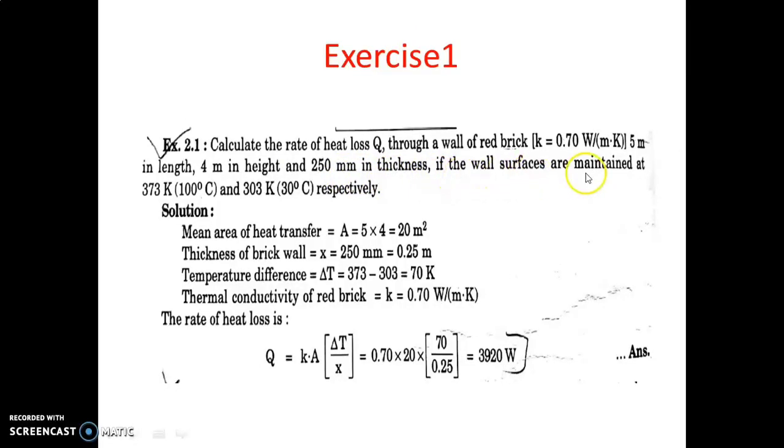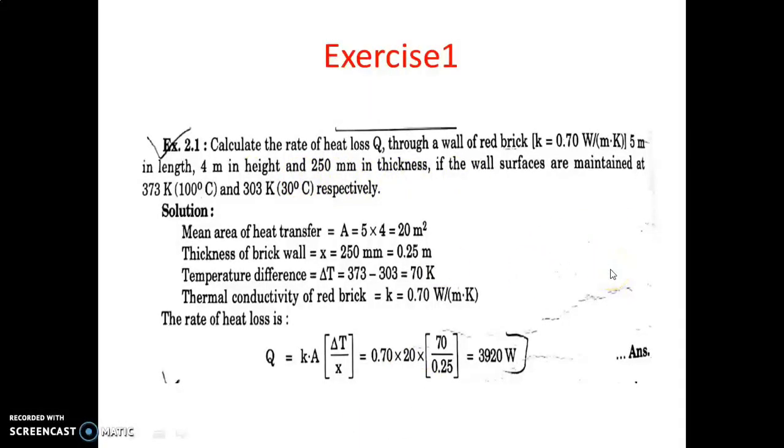If the wall surfaces are maintained at 370 Kelvin and 303 Kelvin respectively, that means we have a red brick with thermal conductivity 0.70 watt per meter Kelvin, and this brick is 5 meter length, 4 meter height, and 250 millimeter thickness.